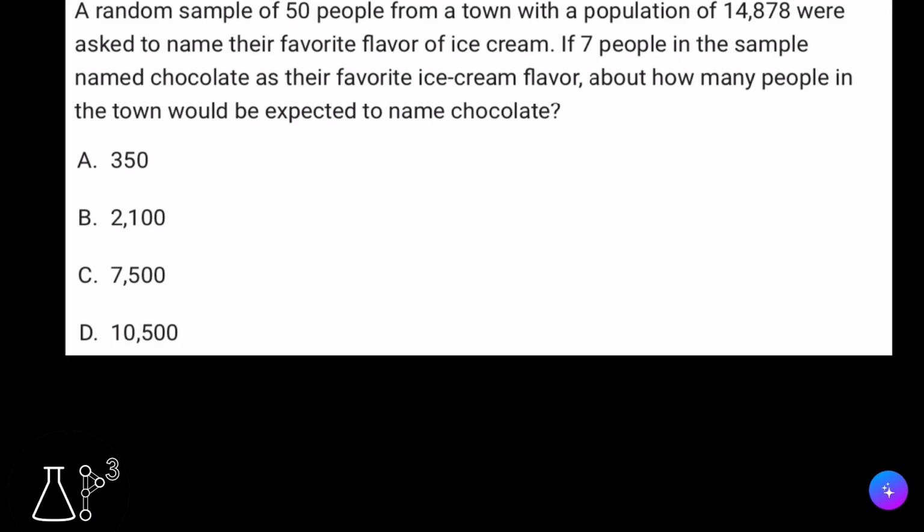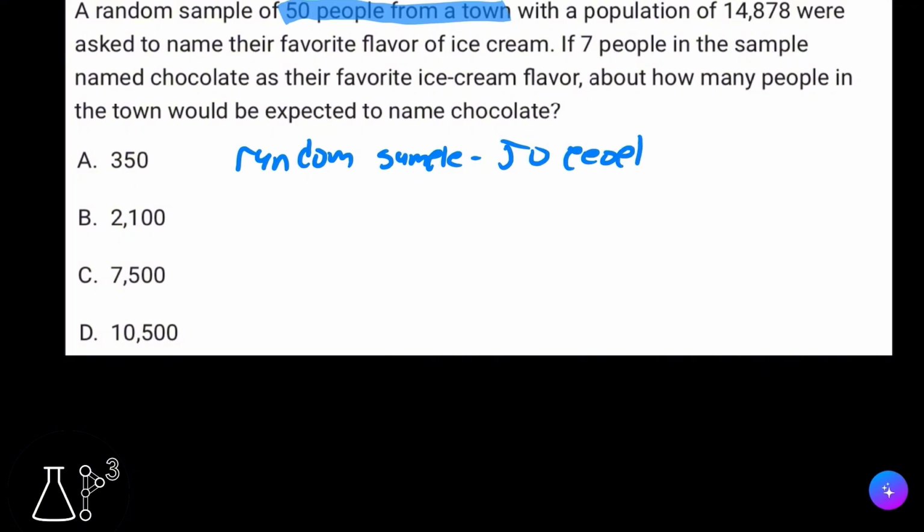So let's go over all the information given. So we have a random sample of 50 people from the town. So the random sample has a total of 50 people. We're also given, let me do it in red, that we have a total population of 14,878 people that were asked to name their favorite flavor of ice cream.